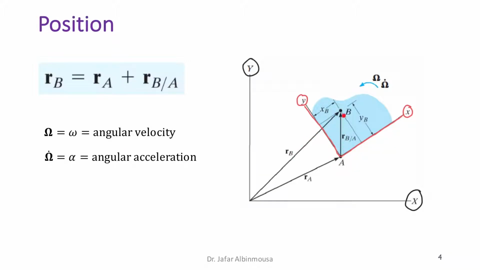And also, we will have the relative position vector r_B/A, the position of B with respect to A. So we will end up with this equation: the position of point B is equal to the position of point A plus the relative position between point B and A. What is new is that we identify capital omega, which is the angular velocity of the coordinate system, and omega dot, which is the derivative of omega, basically alpha, which we call the angular acceleration, but this angular acceleration is for the coordinate system.